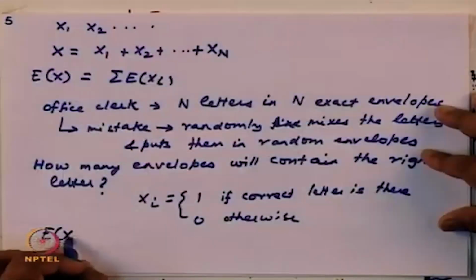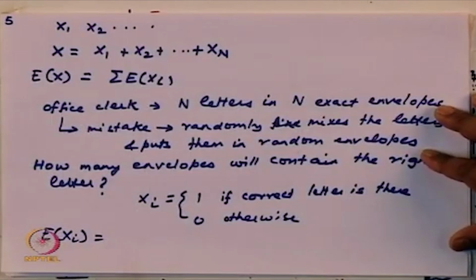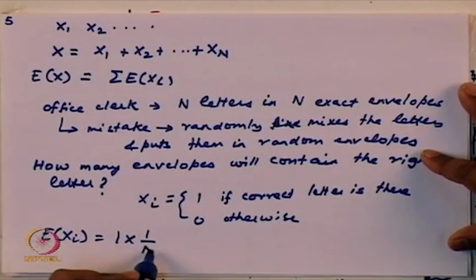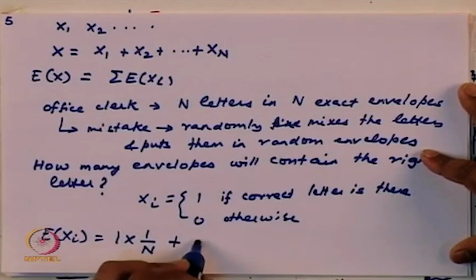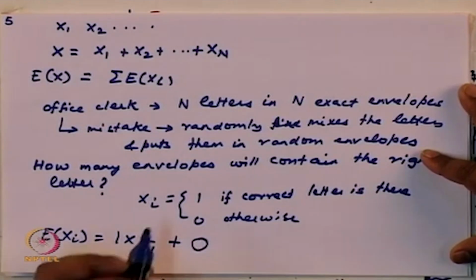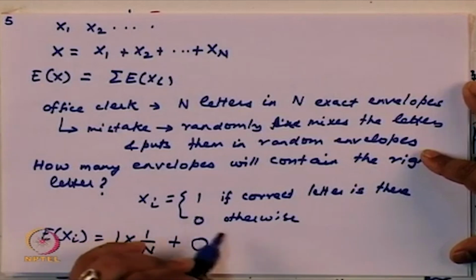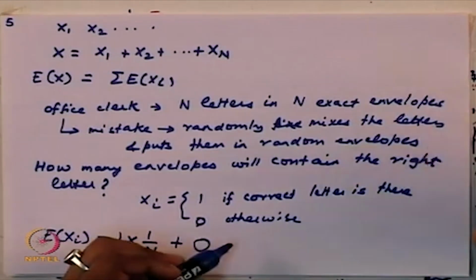There is only one possibility out of a total of n. So, your expectation of x i is 1 into the probability, which is 1 by n as we calculated, plus for all other cases x i is 0, so the value is 0 and the probability can be anything.